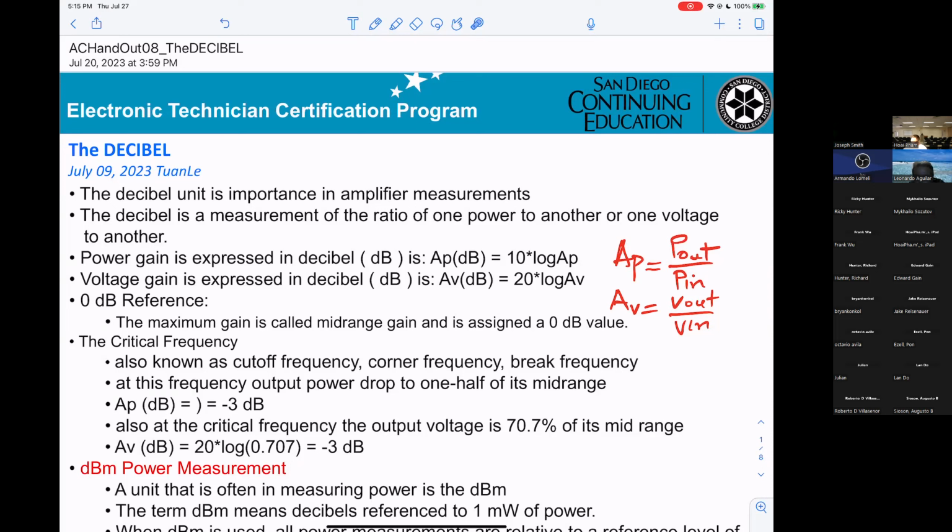What happens? At this frequency, output power drops to 1/2 of its mid-range value. That means at this frequency, AP in dB equals minus 3 dB.